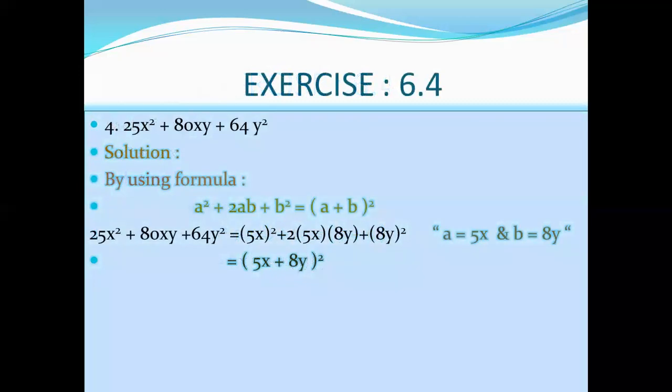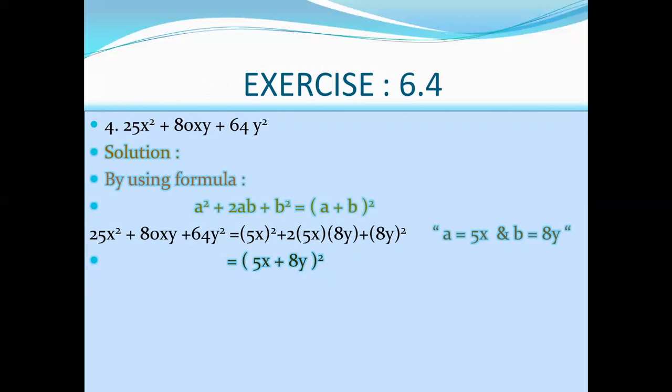The next question is 25x square plus 80xy plus 64y square. In the previous question, the coefficient of x square was 1. Now we have the coefficient of x square as 25, and 25 is the square of 5 and 64 is the square of 8. If it is difficult to find the square root, you can use the calculator and find which number 64 or 25 or any number is the square of.